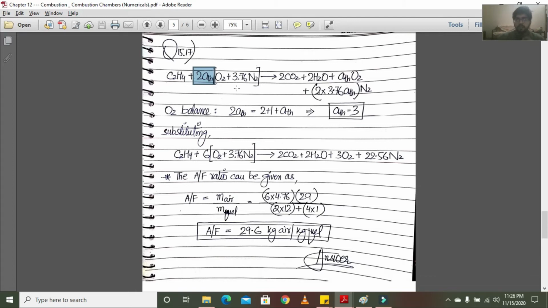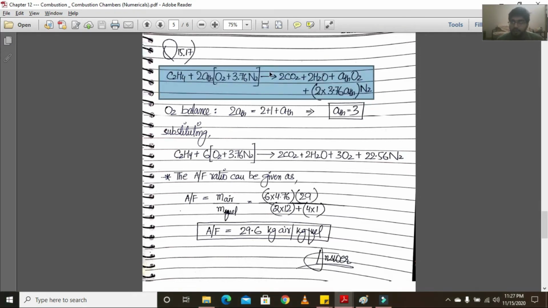Now I have written down the complete equation here. Since in the previous question we had 75% extra air, and here we have 100% extra air, I have not written down 0.75, I have only written down ATH moles of air, oxygen. Now after the formation of this equation, I am going to balance the oxygen. Again, you can balance the number of molecules or the number of atoms as well. I have balanced the number of molecules in this question as well.